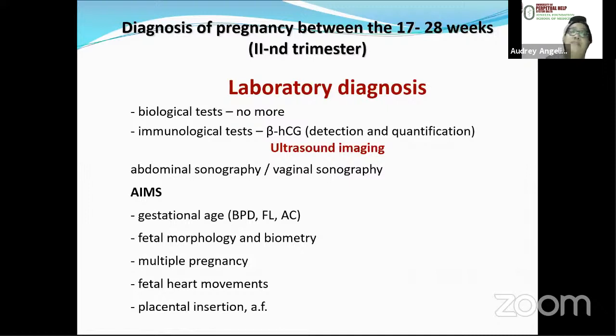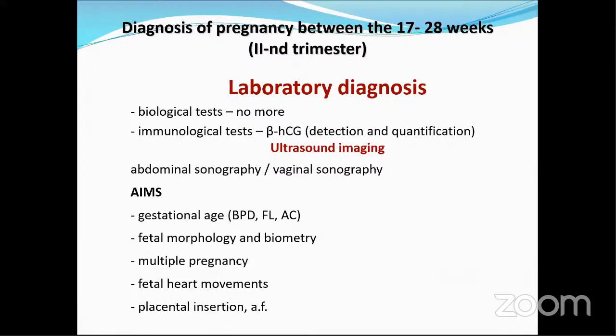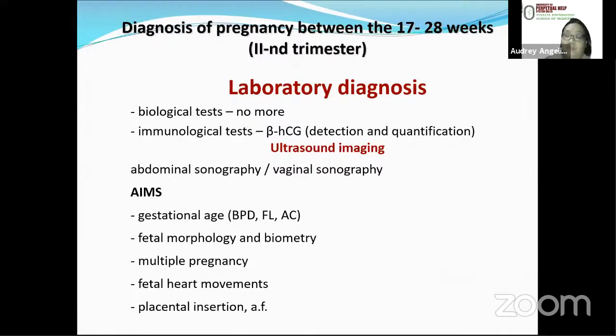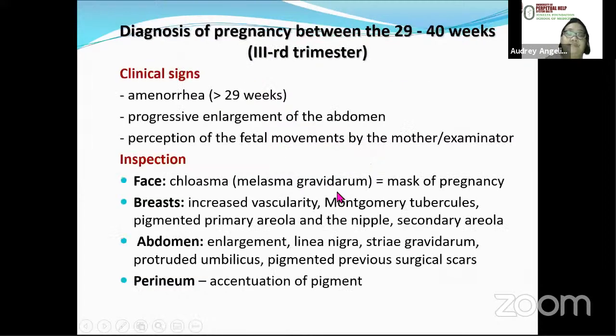Again, for the second trimester, what is the most reliable indicator? If it's first trimester CRL, third trimester femoral length, what is for second trimester according to ultrasound? Biparietal diameter. It is your biparietal diameter. So never confuse the three. Okay, so these are your different clinical signs still present.